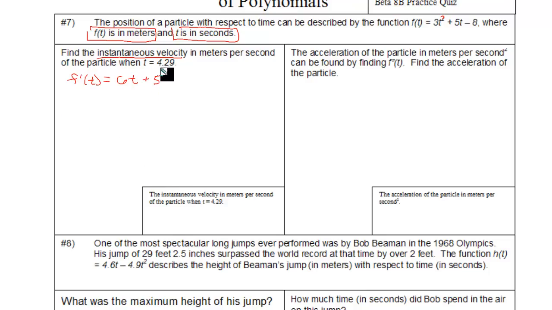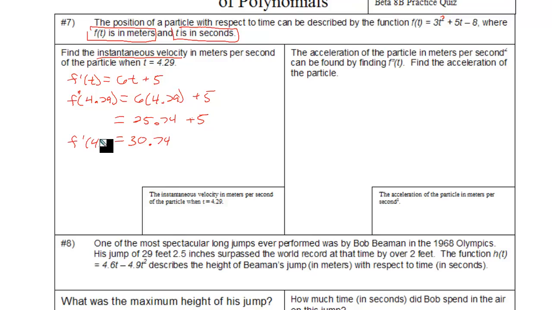It says find this when t is 4.29. Using a calculator, 6 times 4.29 is 25.74. Add 5 to that. Label this answer.